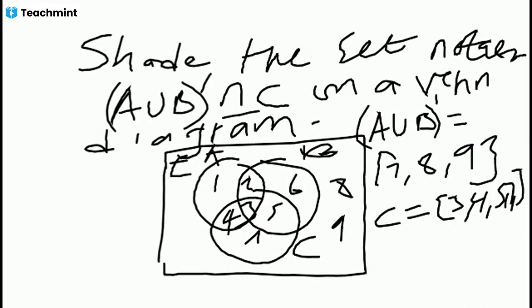So that tells us that the part where the 7 is, that is the region that should be shaded. So this is the only part that is depicted by this given notation.